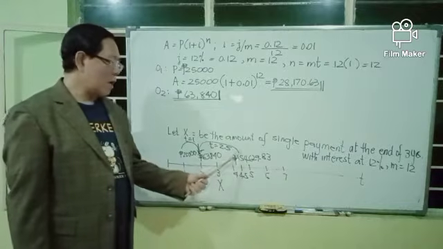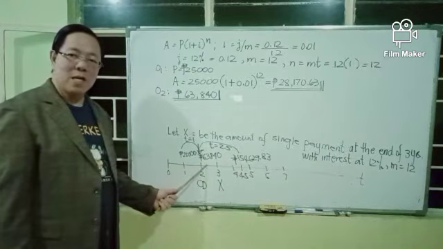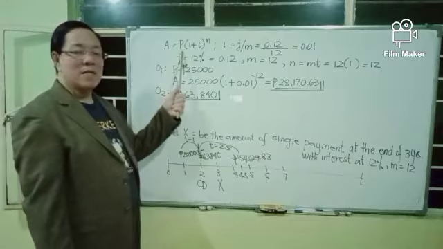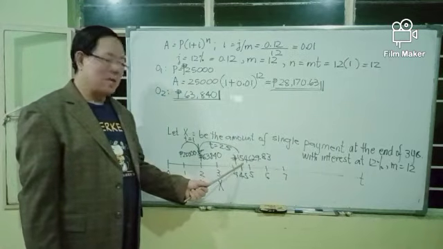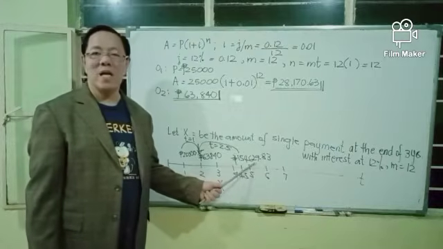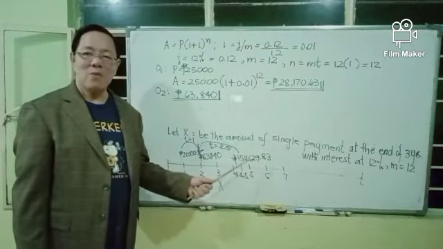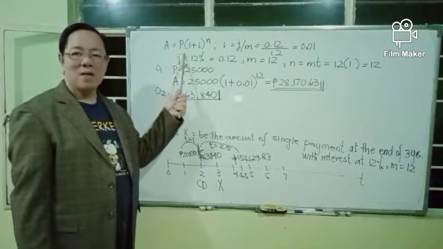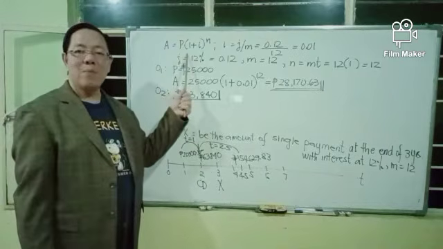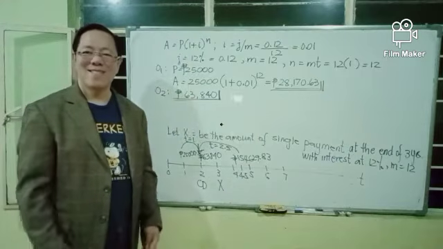And again, to discount is to find its present value, or to find P, with accumulated value of 154,629.83. And we will solve for P from this formula for the accumulated value of P or principal.